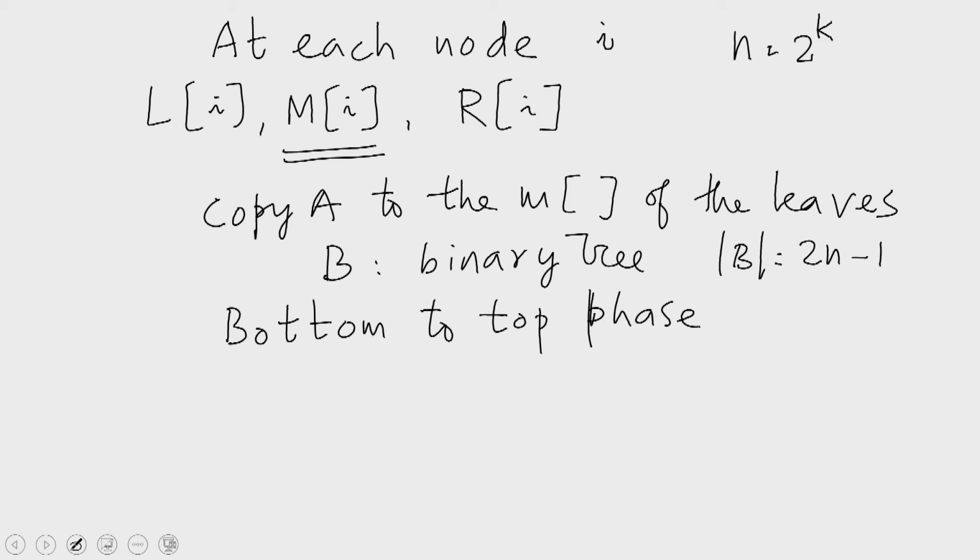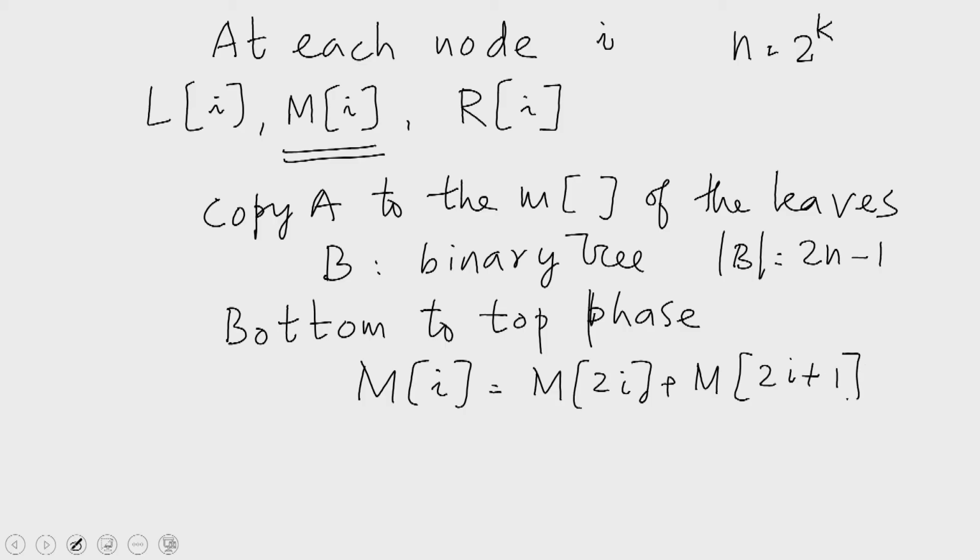In the bottom to top phase, the values are received from the bottom by each node, and the values that are received are summed up and kept in the middle value. That is, we repeatedly do this: M of I is m of 2I plus m of 2I plus 1.